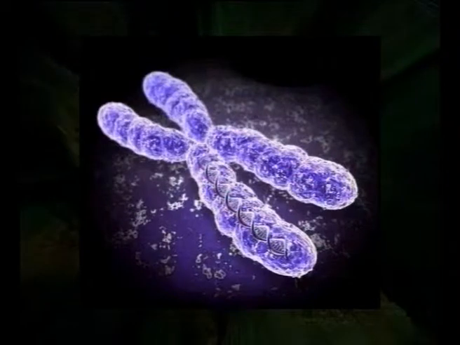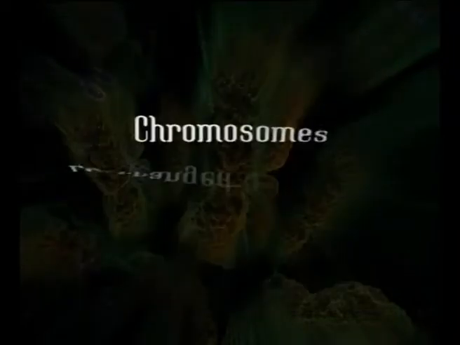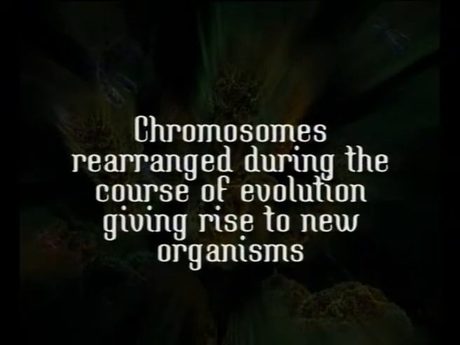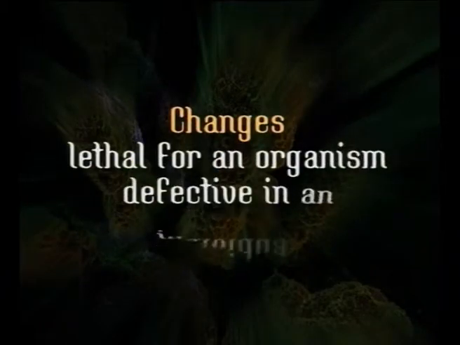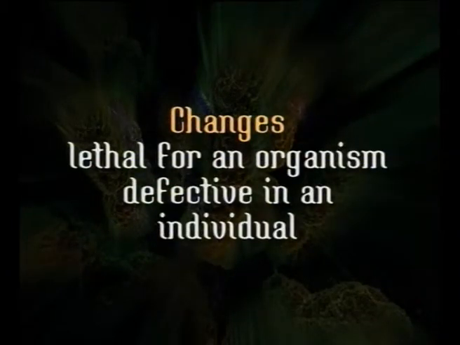These chromosomal segments are rearranged during the course of evolution and are responsible for giving rise to new organisms or new phenotypes depending upon the amount of change. However, these changes can also result in death of an organism, or in several types of defects in an individual, whether plant or animal.